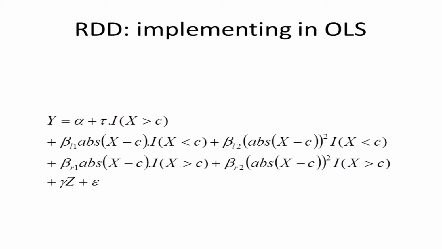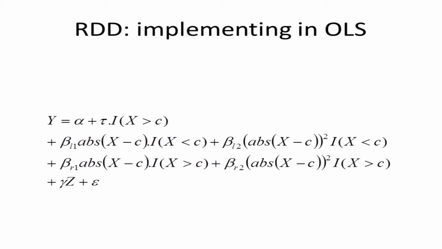The important bit is the bit in the middle, and this is a bit of a mess of algebra, but what it's actually doing is allowing for a quadratic relationship between the running variable and the outcome, where the quadratic relationship is different either side of the cutoff. That's why I've got abs for absolute value, and indicator variables for whether it's above.